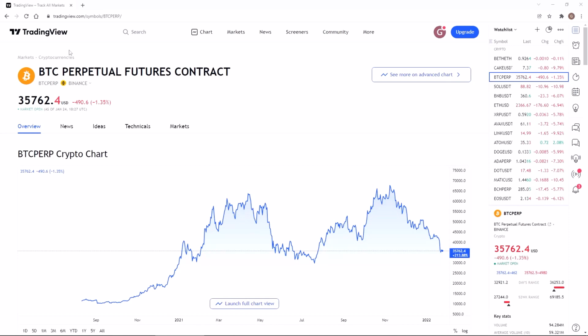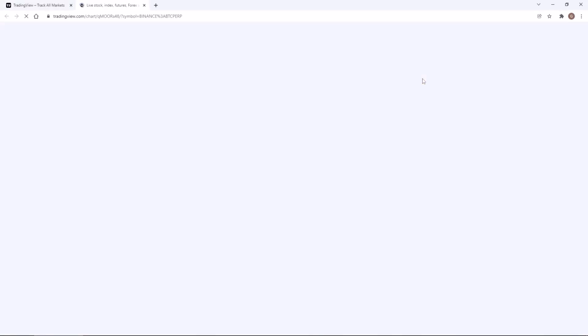After you have made an account, go to the top search bar and enter the asset you want to see and start charting for. Now for this example, I'll be using the chart of Bitcoin against the US dollar. Then click See More Advanced Chart to enter the web trader.